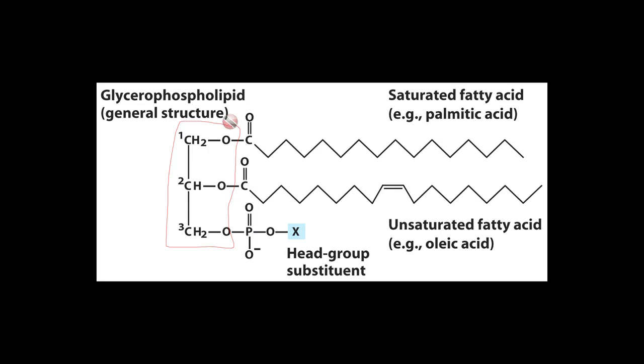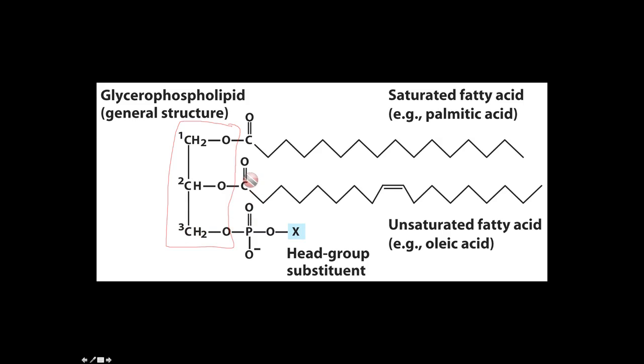So you can see that. Alright, and what I have just boxed off there, that's the glycerol backbone. Remember on glycerol there's 3 OH groups. So on carbon 1, the hydroxyl group on carbon 1, a fatty acid combines with that one. Then a fatty acid combines on carbon 2, and a phosphate group combines on carbon 3.